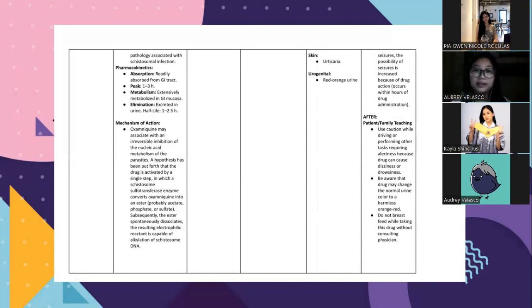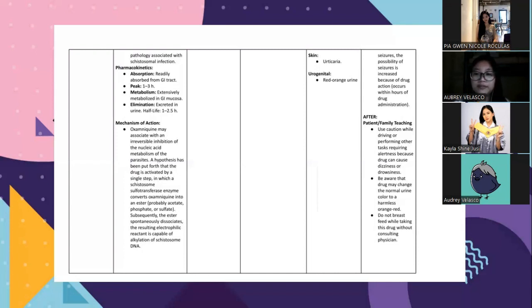Kaya kailangan natin i-monitor ating mga patients kasi it can cause dizziness or drowsiness. And then beware that the drug may change the normal urine color to a harmless orange-red. So kanina orange-red, so harmless naman siya. Diba yellow naman yung normal, but pag makikita natin yung orange-red, indicate na para lang siyang effect sa eliminate lang yung drug through urine.